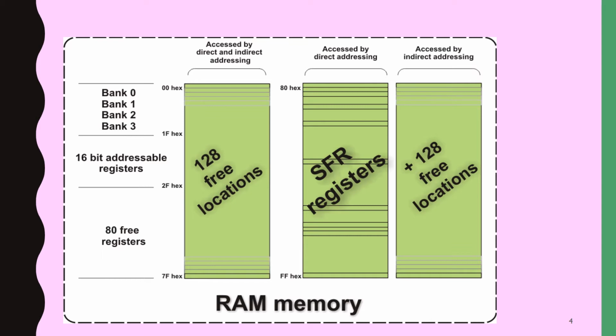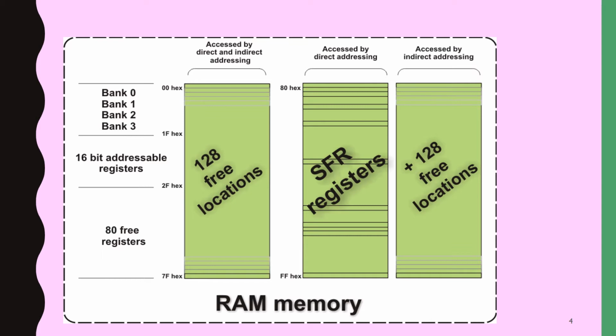You can see 7F to 30, then 2F to 20, and 1F to 00 is the space for banks, accessed by direct and indirect addressing. The SFR registers are from 80 to FF, accessed by direct addressing, plus 128 free locations accessed by indirect addressing.